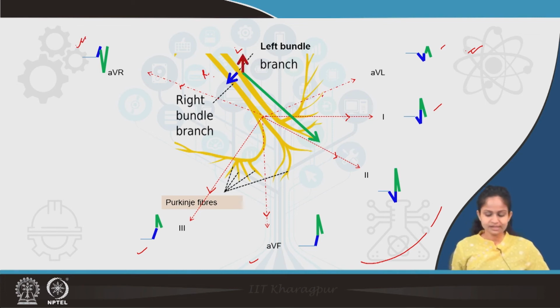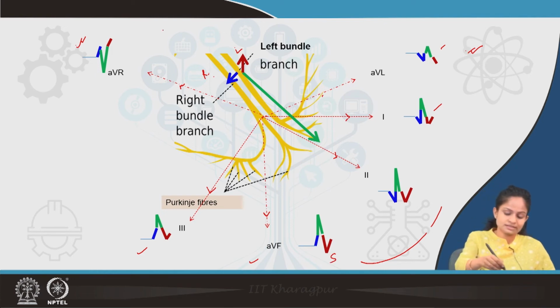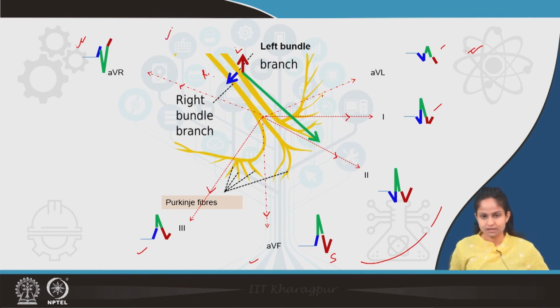Now the last depolarization is the basal portion depolarization. Obviously the leads which are present inferiorly will give the negative waves, that means the S wave, whereas the leads which are present towards the wave of depolarization of the basal portion of the heart will give the positive deflection, which is usually seen in the case of AVR.